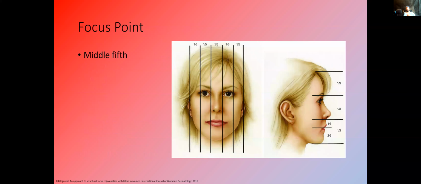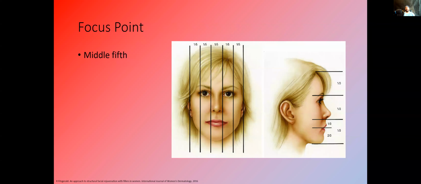So what I'll be focusing on when it comes to injecting the lips, so this is the middle, we're going to be focusing on the middle fifth, but this is called the vertical fifths assessment, done by Fitzgerald back in 2016, and essentially you're going to split the face into fifths. So we're talking from the lateral aspect of the face to the lateral canthus to the medial canthus, the intercanthal distance, and so forth.